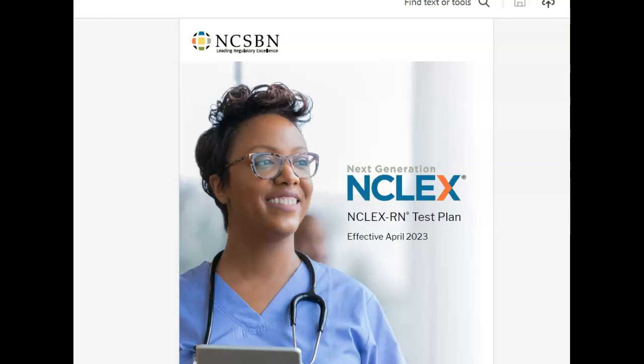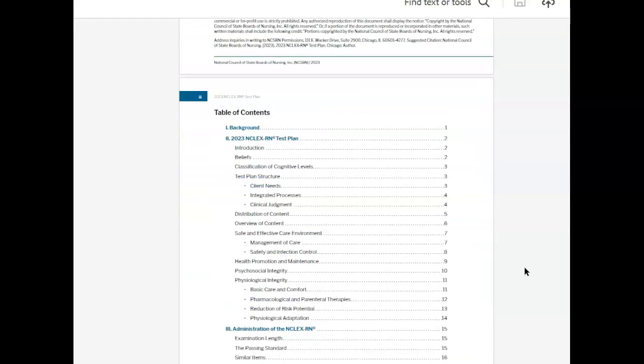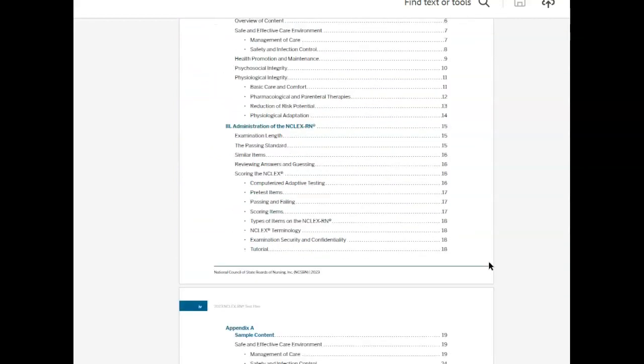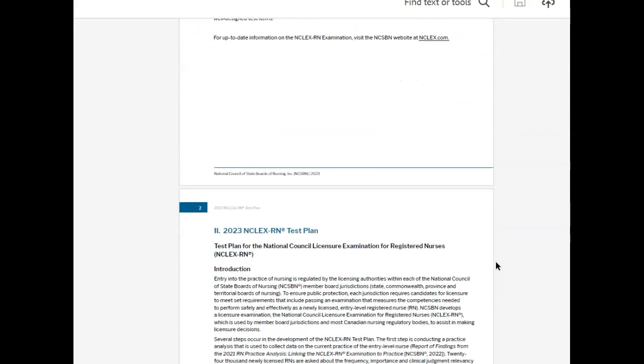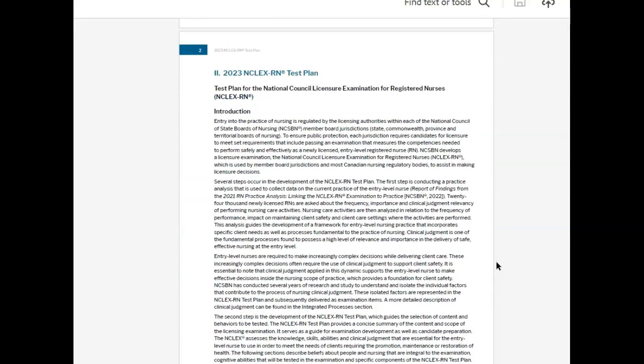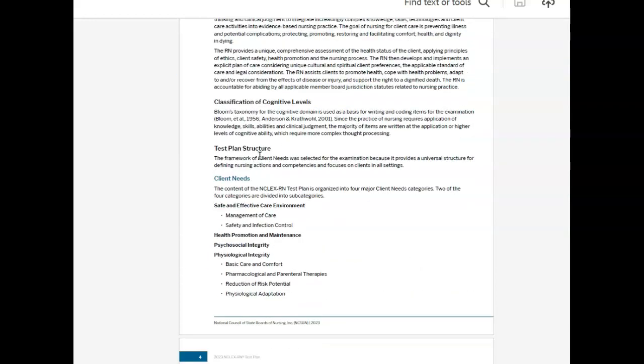So you have a longer period of time than you have for your exams, and it is kind of lengthy, but it is done very well and concise. It has why they created the test plan, the background, the introduction to how it was designed, and then the test plan structure.